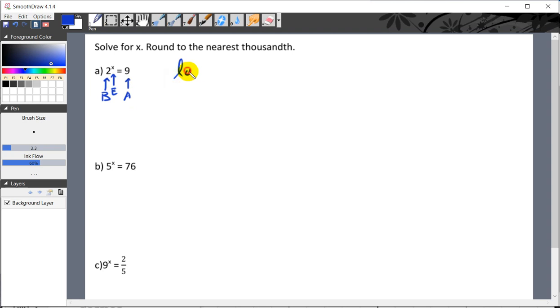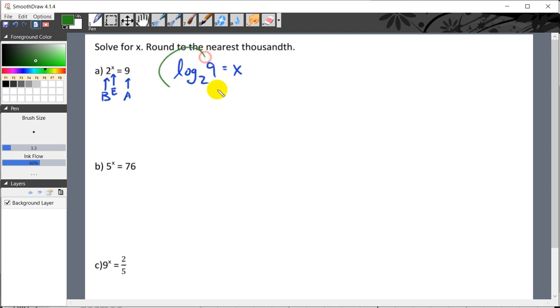If we want to write it as a logarithm, we are trying to spell BAE, like I showed you earlier. So our base is 2, our answer is 9, and our exponent is x. Now let's go ahead and try to solve this.